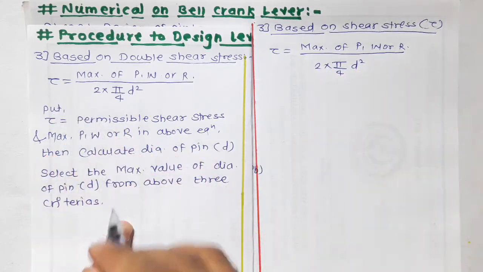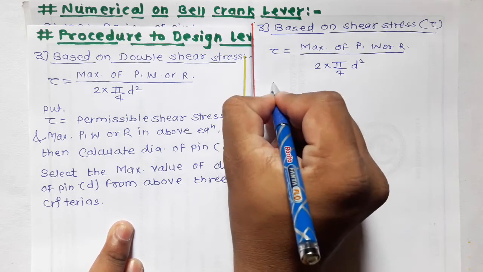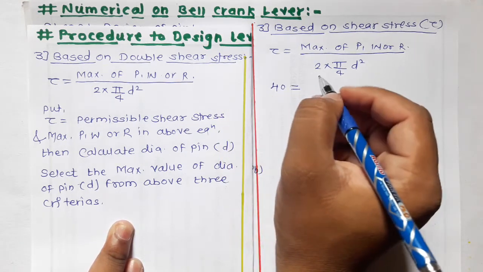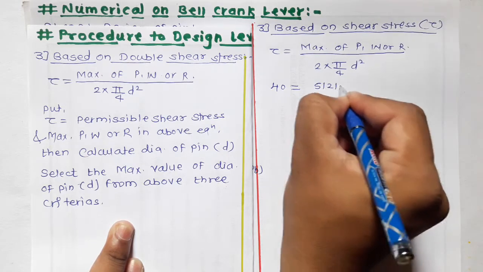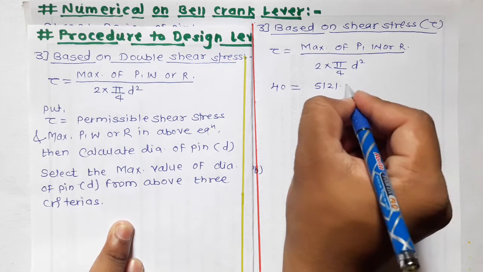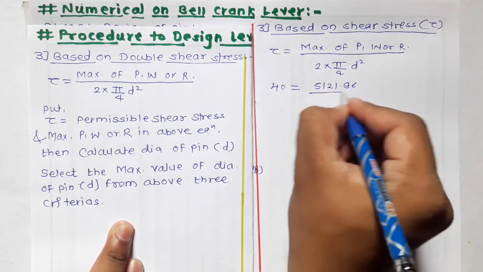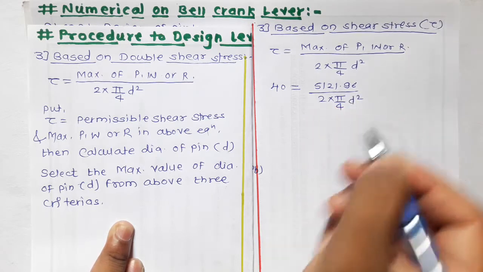Now let us put the value of permissible shear stress. Permissible shear stress we have calculated as 40 Newton per mm square. The value of maximum of P, W, R is 5121.96 upon twice into pi by 4 d square.